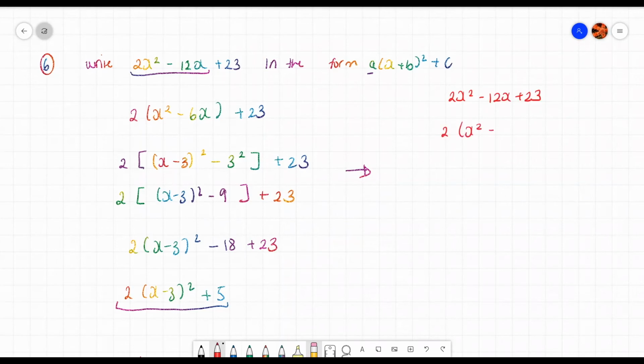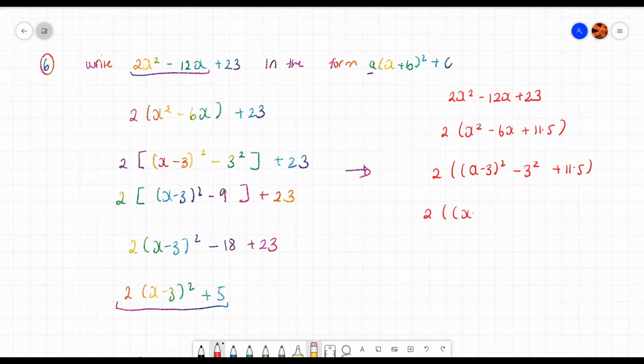I've got x squared minus 6x plus, well, half of 23 is 11.5. And then people tend to do 2 times x minus 3 squared, and then minus 3 squared plus 11.5.